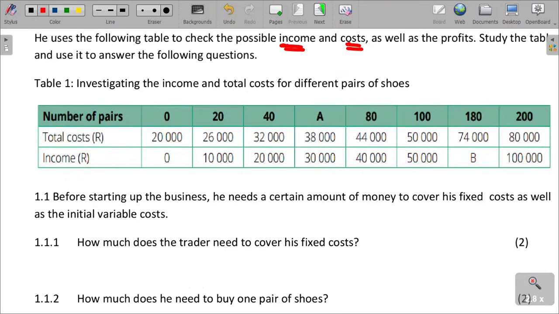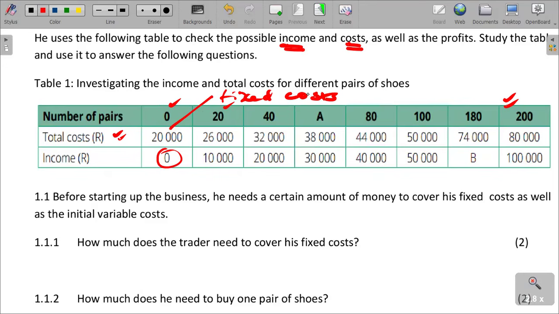We are given that the number of pairs is from 0, 20 up to 200. And then we are given the total cost at 0 pairs of shoes. There is a cost that is there, 20,000 rands, and the income is 0. What I have been telling you last time is that whenever we have costs before any operation is done, costs that are always there, these are called fixed costs.